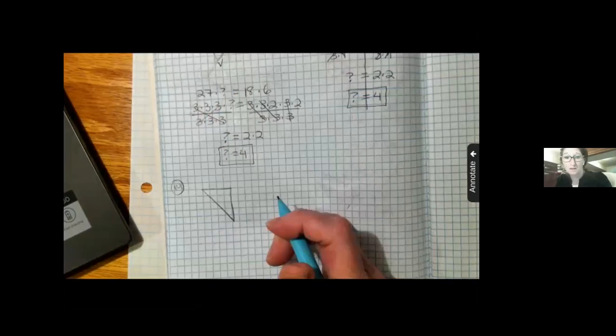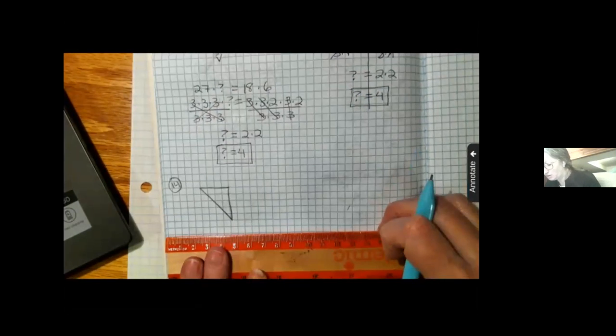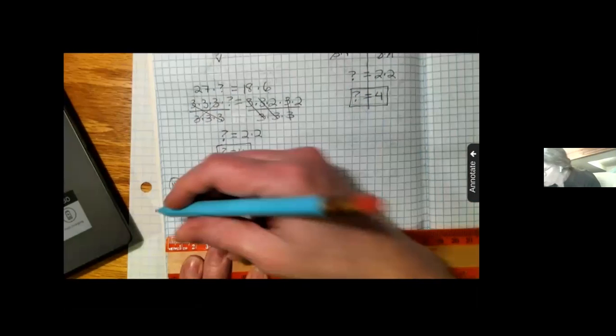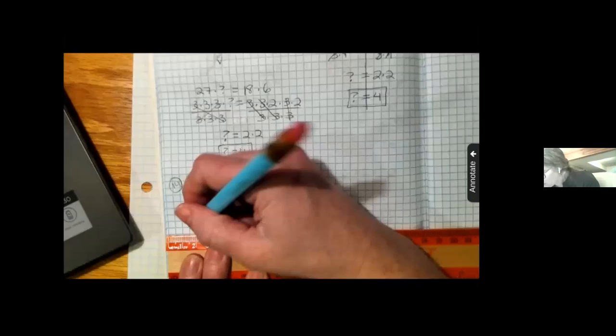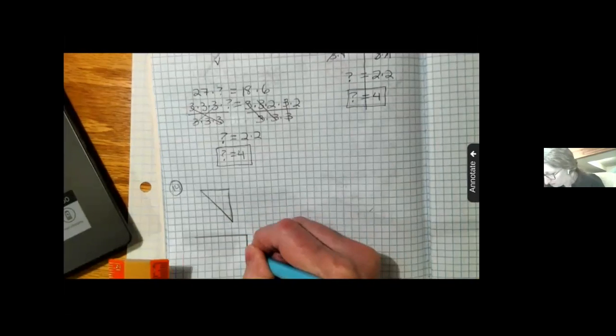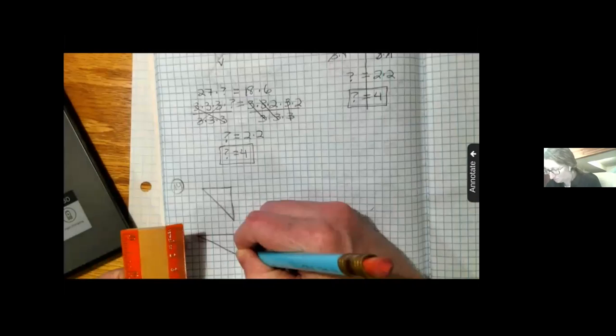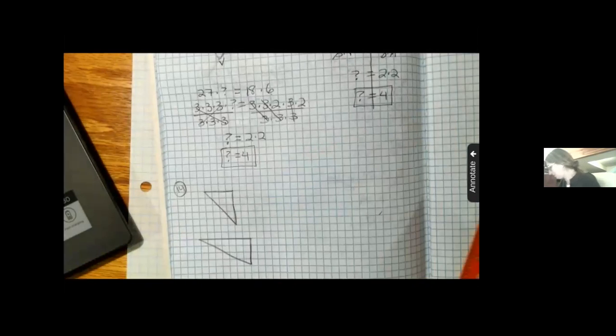Okay. And then this one's not the same orientation. That's okay. I'm going to draw it the way it is. If you want to redraw it, that's okay. You can do that. And yeah, I know they look weird, but it's okay.